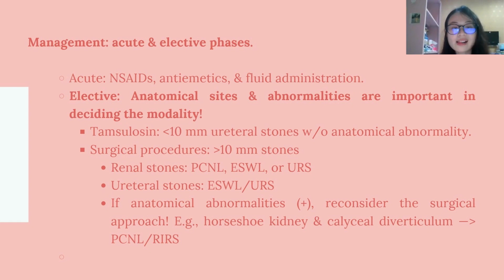PCNL, ASWL, and URS are the options for renal stones. Meanwhile, PCNL can't be used for ureteral stones. The surgical approach chosen should take into account the anatomical abnormality. For example, patients with horseshoe kidney and calyceal diverticula cannot be treated with SWL. PCNL and RIRS are recommended instead.